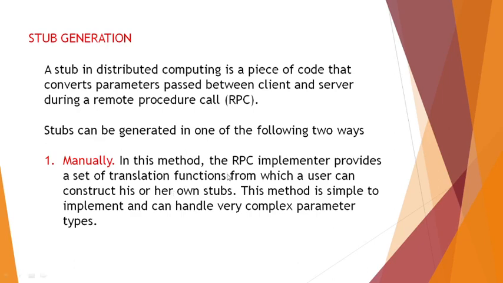This method is somewhat simple, meaning only the RPC implementer will provide all the translation functions necessary for stub generation and the user can construct his or her own stubs.